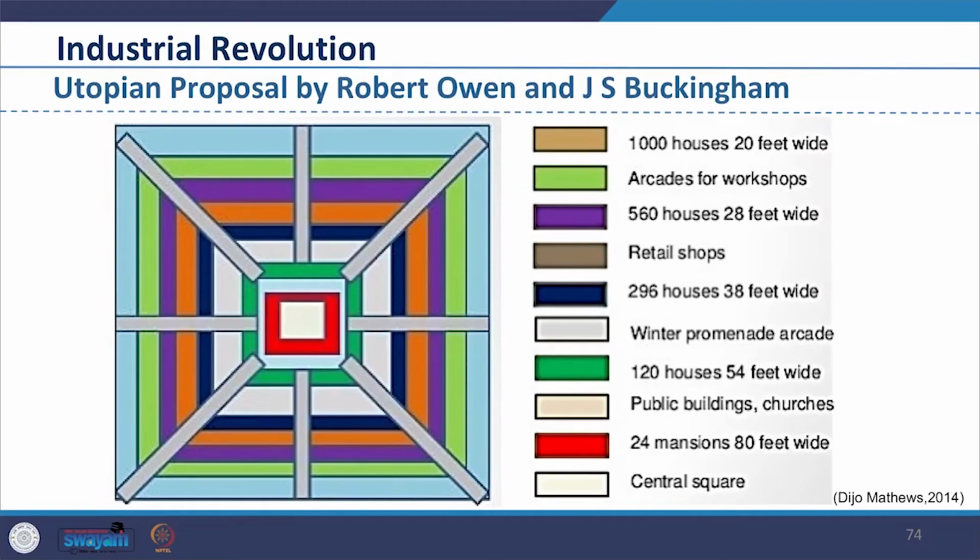Robert Owen and J.S. Buckingham tried to design a utopian design which had 1,000 houses, 20 feet wide, arcade for workshops, 560 houses, 28 feet wide retail shops, 296 houses, 38 feet wide winter promenade arcade with 120 houses, 54 feet public building, churches, 24 mansions, 80 feet central square.